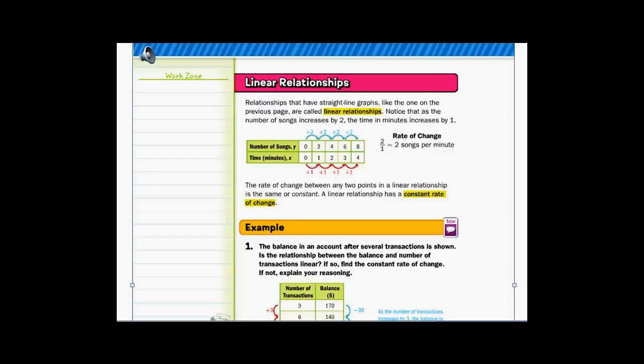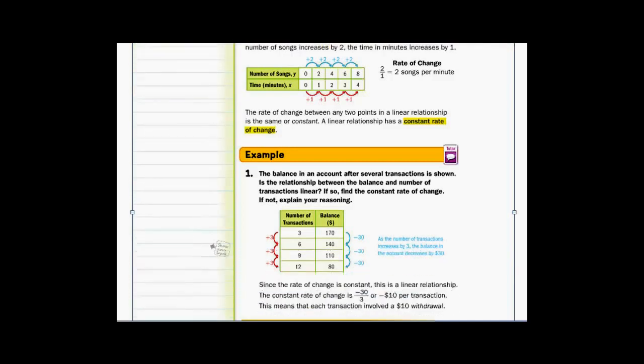All right, so next example. It says the balance in an account after several transactions is shown. Is the relationship between the balance and number of transactions linear? So in other words, does it have a constant rate of change?